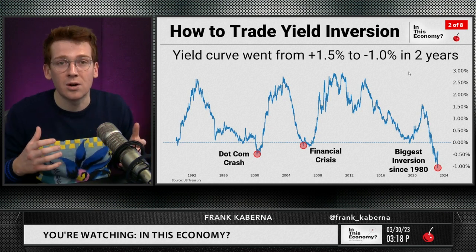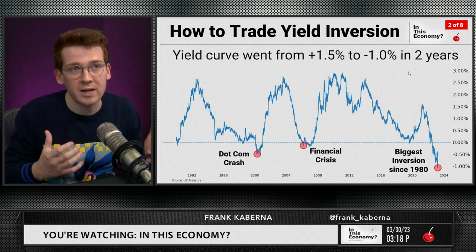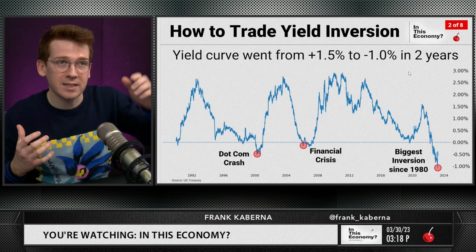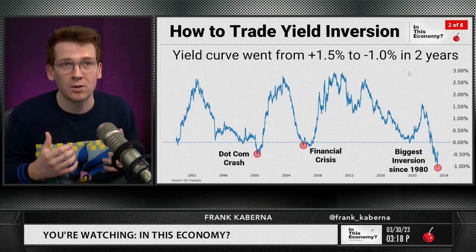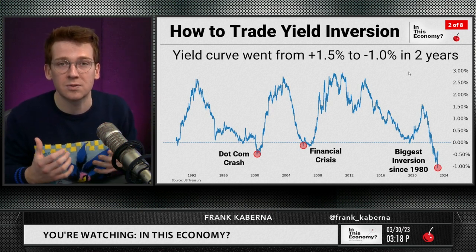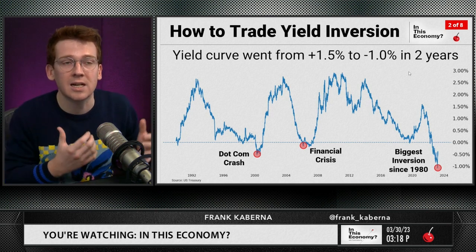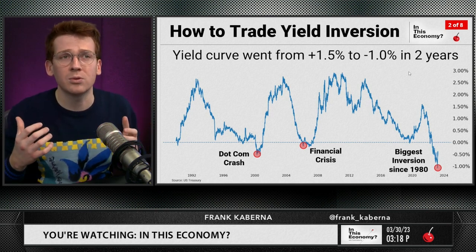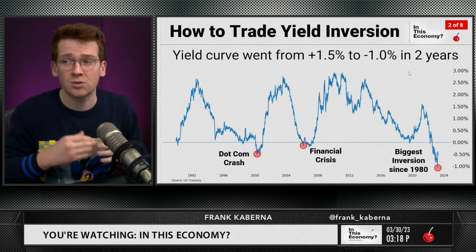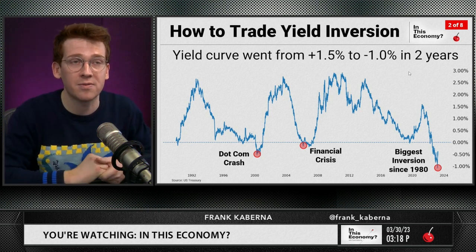It is, though, what was happening in 2017, 18, and 19 as that curve trends lower and lower and then finally inverts for a couple of days. What was happening in those years is the stock market was seeing extreme growth and short-term interest rates were starting to be hiked by the Fed.